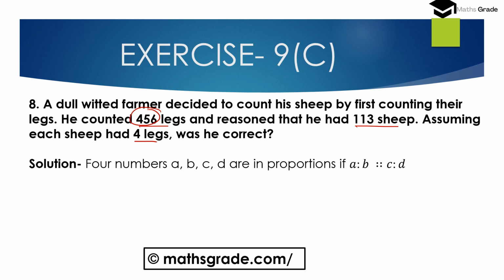Was he correct? He counted 456 legs. One sheep had 4 legs. So it is given that 4 legs for one sheep.